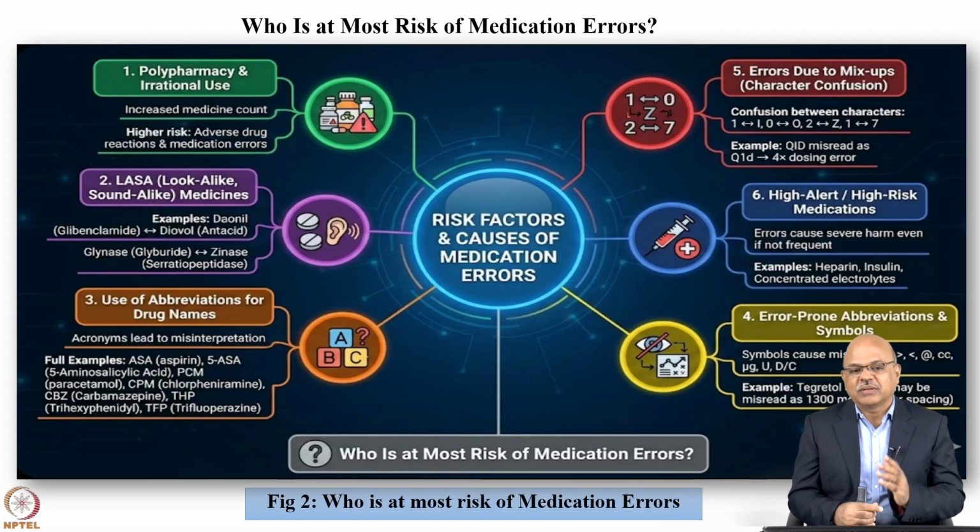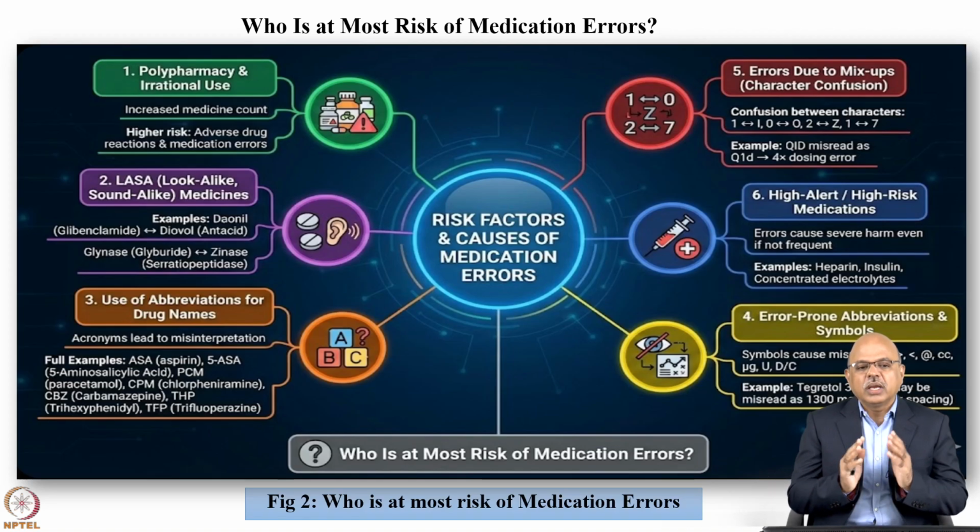Examples like ASA, that is aspirin, or 5-ASA, that is 5-amino salicylic acid, PCM, that is paracetamol, CPM, that is chlorpheniramine, CBZ, that is carbamazepine, THP, that is trihexyphenidyl, or TFD. You may find that trifluoperazine or similar ones, there are a lot of acronyms or abbreviations, which can be seen to develop more reasons for medication errors.